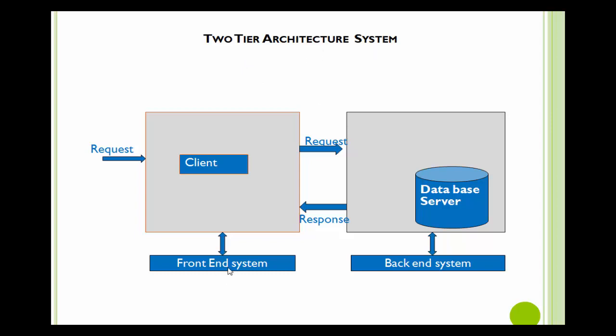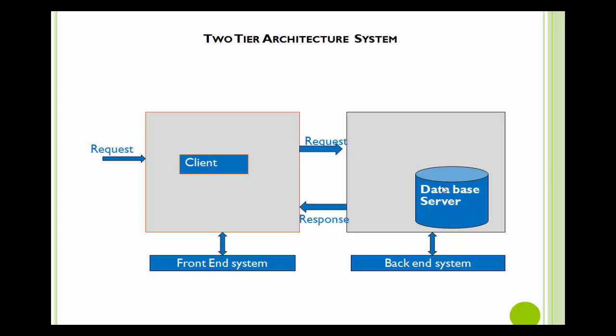So that's why in a two-tier architecture system, we have made a separation like a front-end system and a back-end system, right? Earlier, client and server were on the same PC. Now the server is divided and the client is divided separately. For example, a customer placed an order, right?